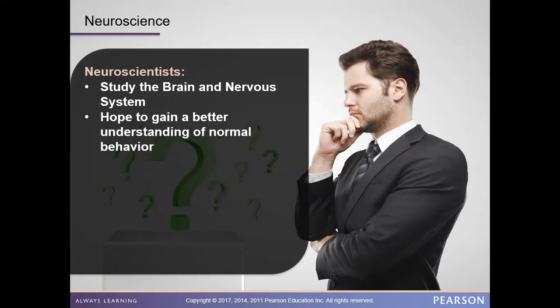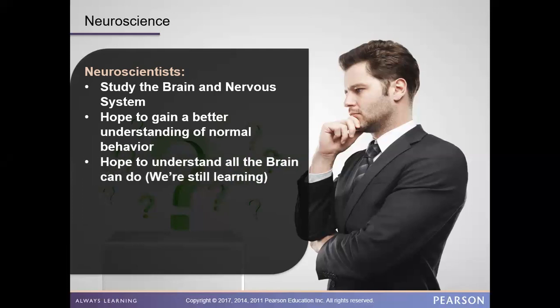When we think about neuroscientists, we're really trying to make this linkage between the mind and behavior. If I can understand the ways in which the nervous system functions within your body, I can then make a connection to the behaviors that I see you do on the outside. And then hope to understand all the brain can do.